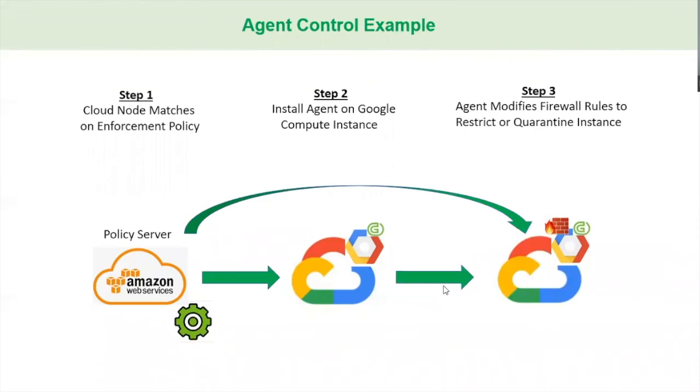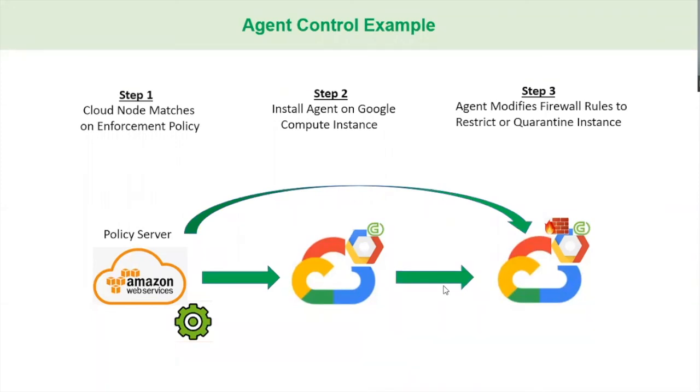So ultimately, this is the same concept where you've automated the security policy. The cloud provider is different because you've got Google Cloud instances you're looking to control, but you're only configuring these policies inside of one place, which is your Genian ZT-NAC UI.